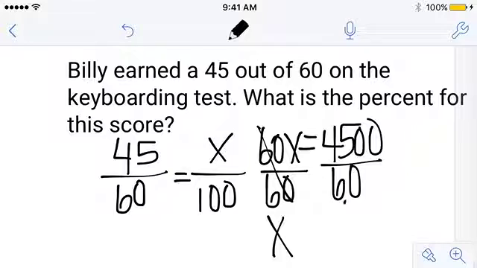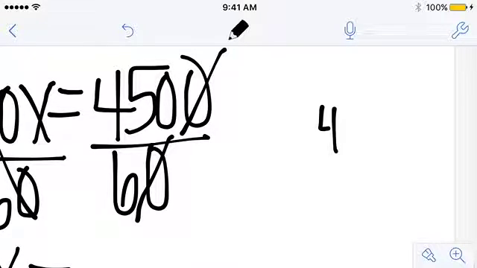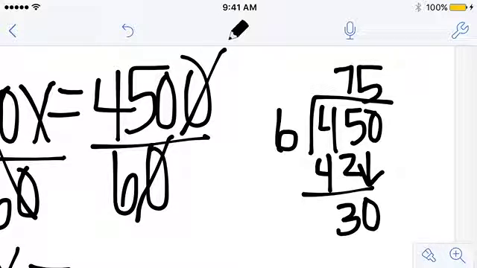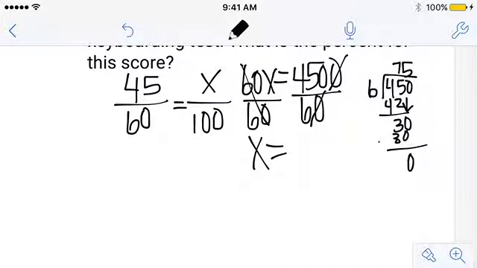So if you're looking at this, you can knock those zeros off, and you can just do 450 divided by 6. That gives you x is 75, so x is 75%.